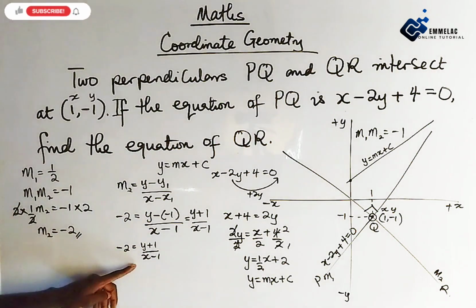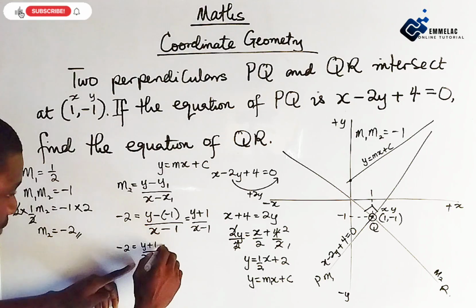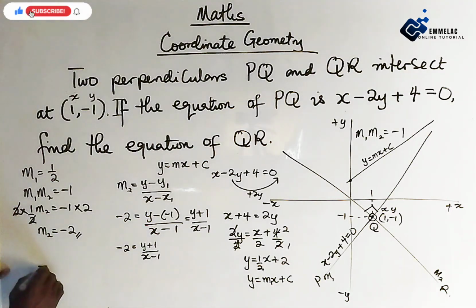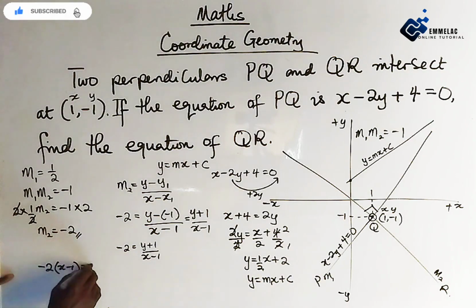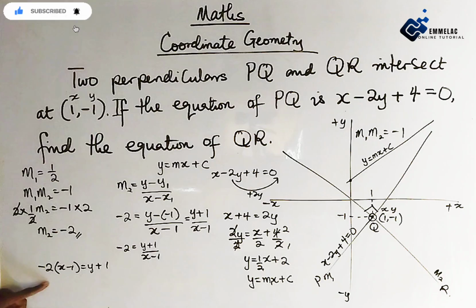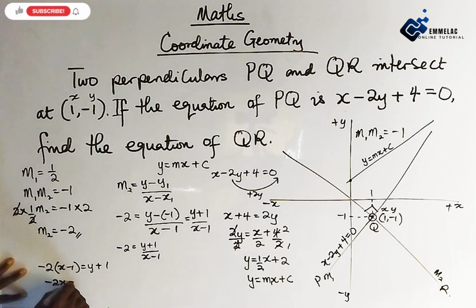Then we can cross multiply. By cross multiplying, we have -2 in bracket x minus 1 equals y plus 1. Opening the bracket here, we have -2x then plus 2, because minus times minus gives us plus, 2 times 1 gives us 2, then equals y plus 1.